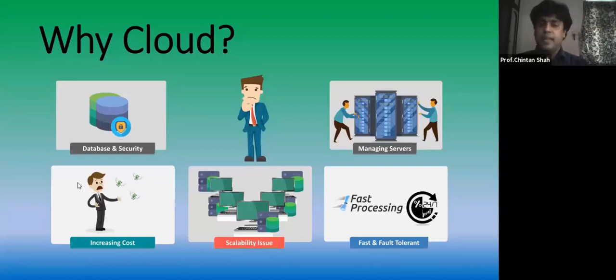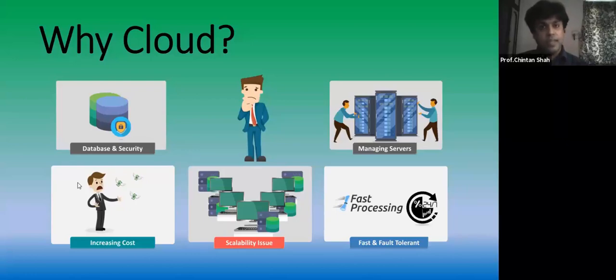Since the number of customers started increasing, the problem started. Their website and their app started crashing, so they wanted a solution as a scalability issue came up. To solve the problem of scalability, there is a requirement of more hardware, more servers. This again increased the cost. Also, there was a problem of managing the servers.